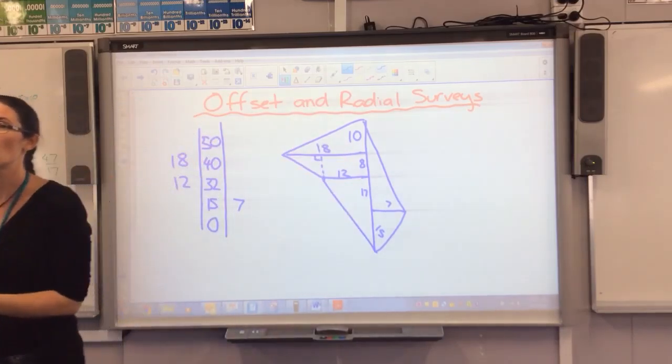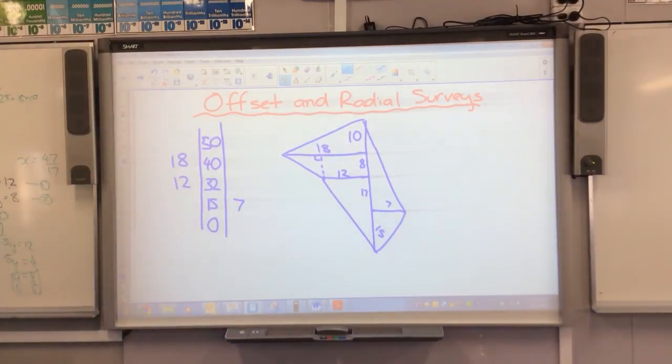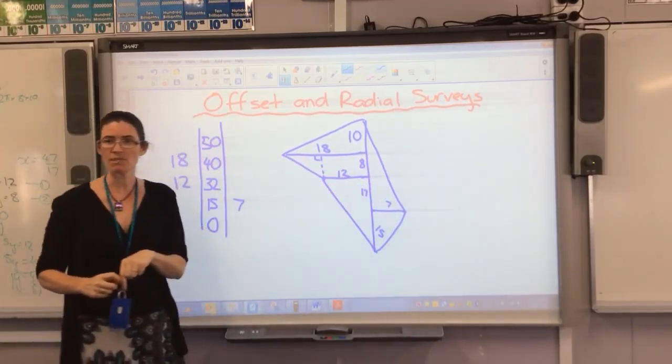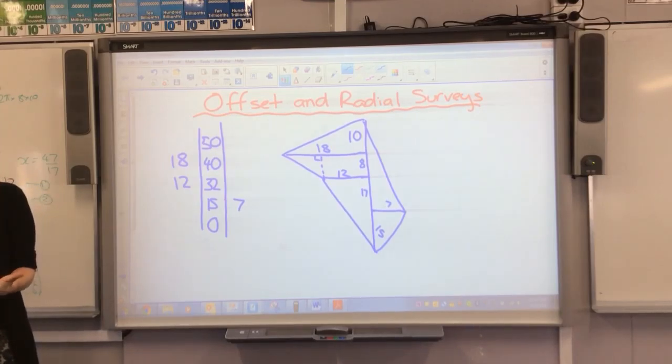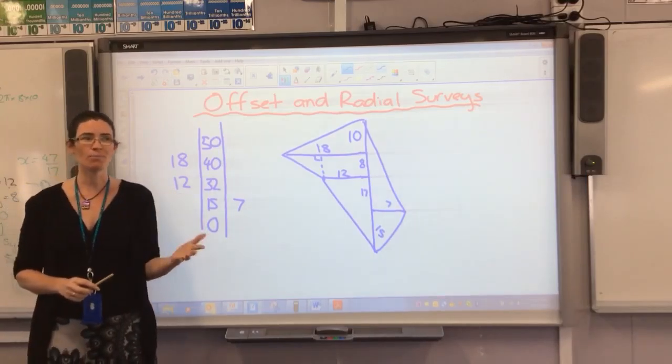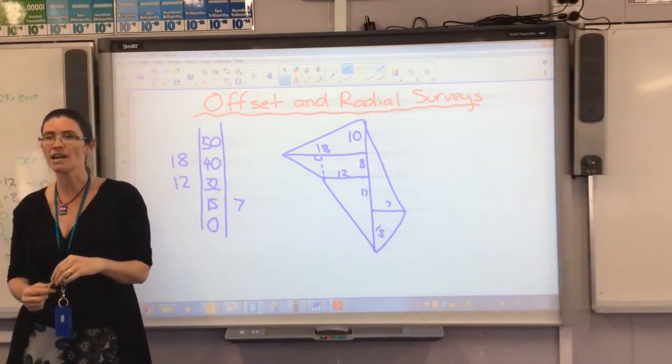The other thing we did was the area of the shape. Tim. When calculating the area, it was a combination of triangles and trapeziums. So remember, the trapezium is a half times height times a plus b. If you forget that, it is on your formula sheet. The area of a triangle is not on your formula sheet, but you're pretty good at that. It's half times base times height.